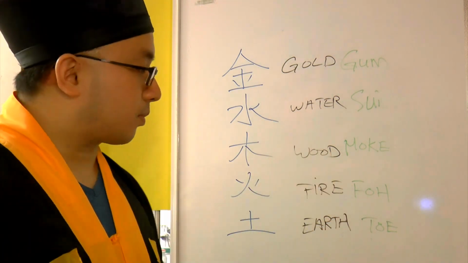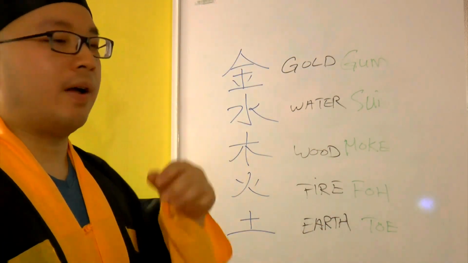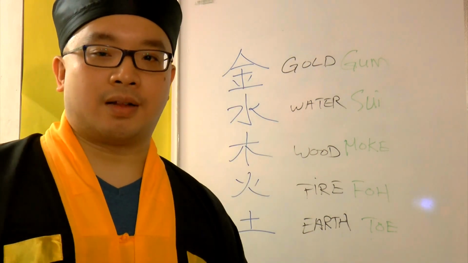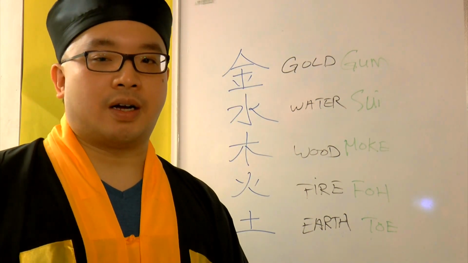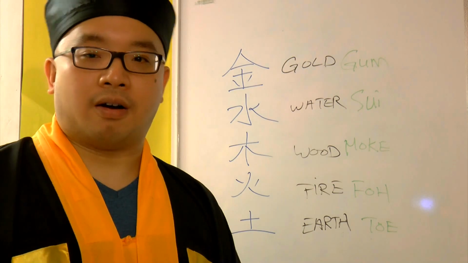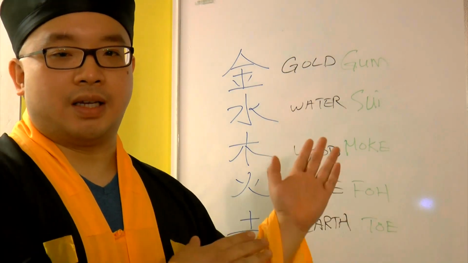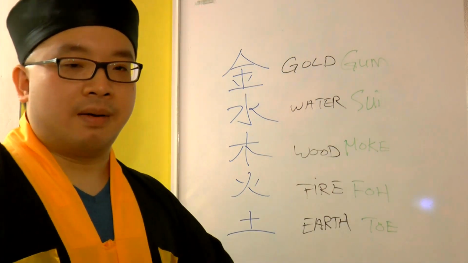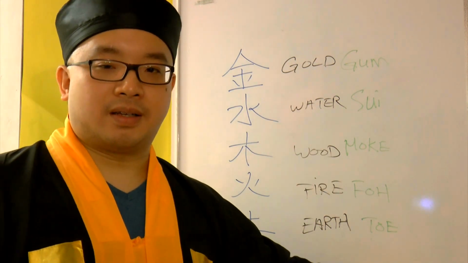Now this is very important. The same 5-element theory goes to other things such as feng shui, Chinese medicine, and other things. All of them are related to these, and they're not about the planet or whatever things out there.